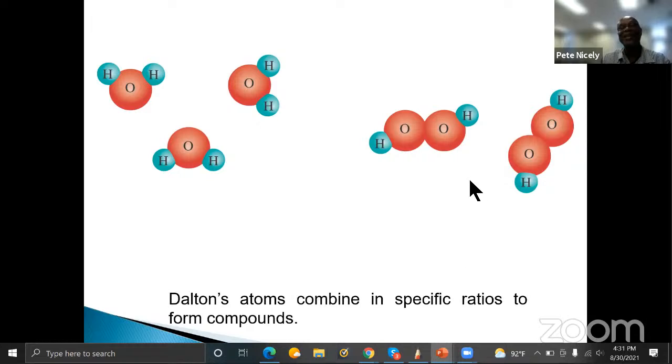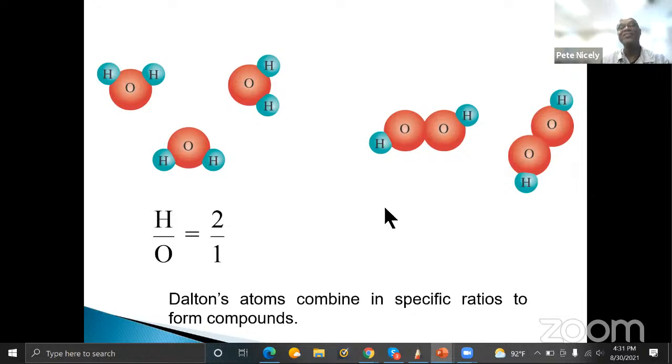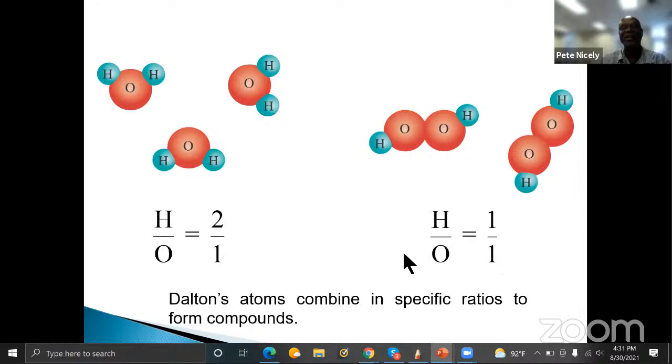So that is basically what Dalton is saying concerning how atoms combine. They combine to form compounds where there are small, whole number ratios between the atoms of the elements in their respective compounds. So as I said before, the ratio of hydrogen to oxygen is 2-to-1 in the case of water, but in the case of hydrogen peroxide, the ratio is 1-to-1.